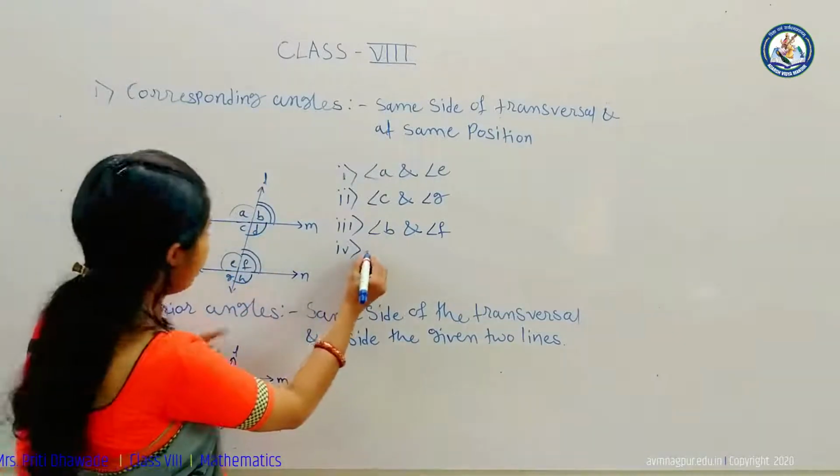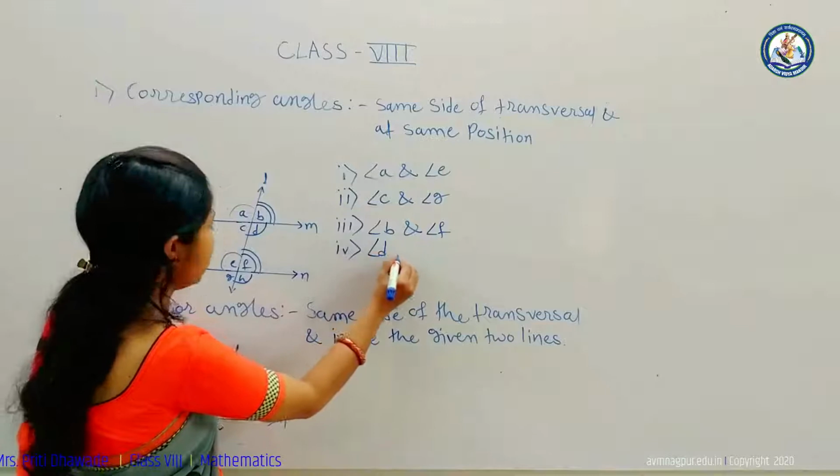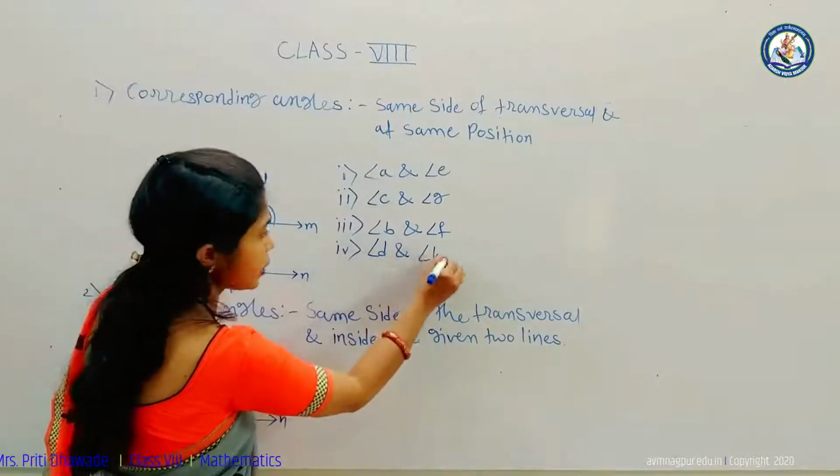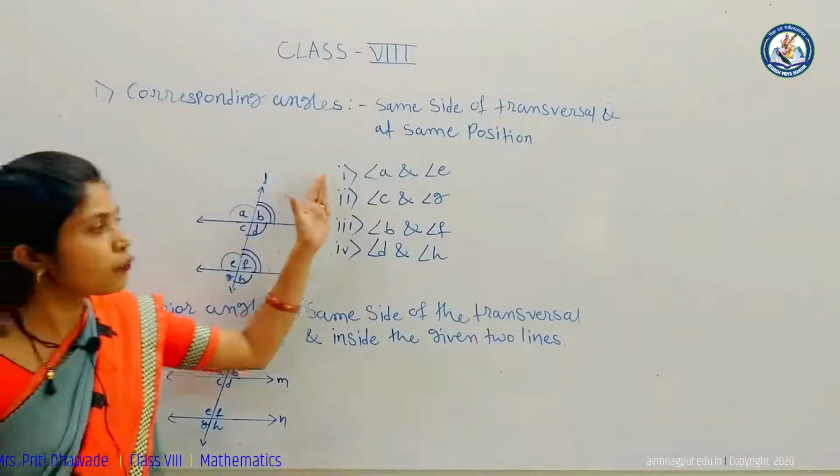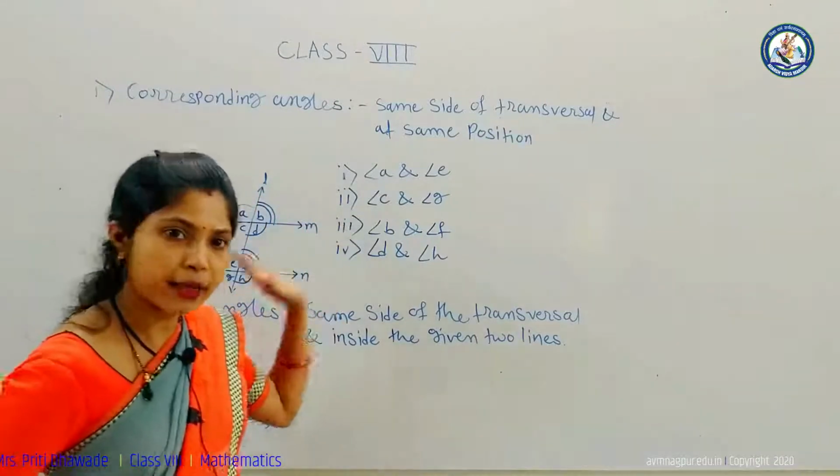So this is the fourth pair of corresponding angles, angle D and angle H. So from this it is clear that there are four pairs of corresponding angles.